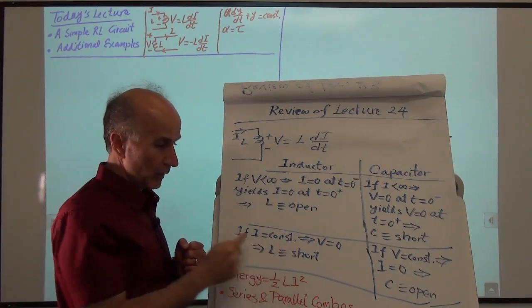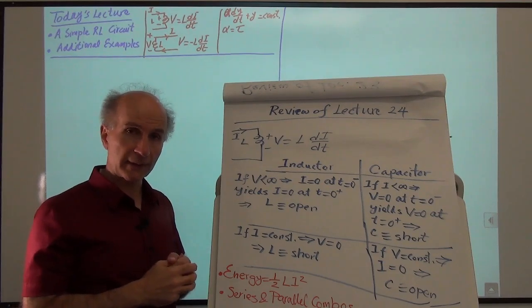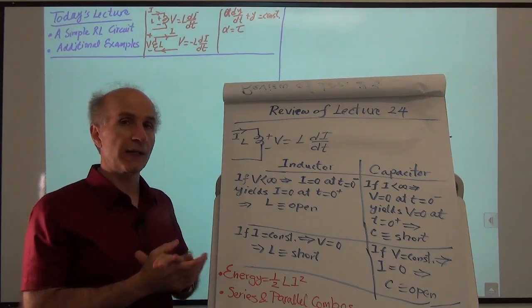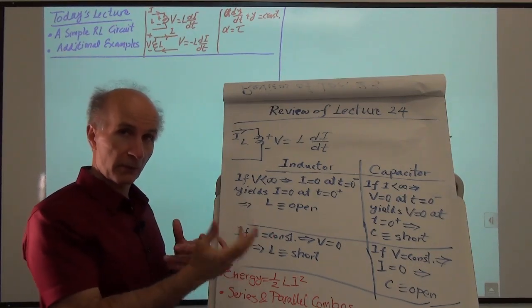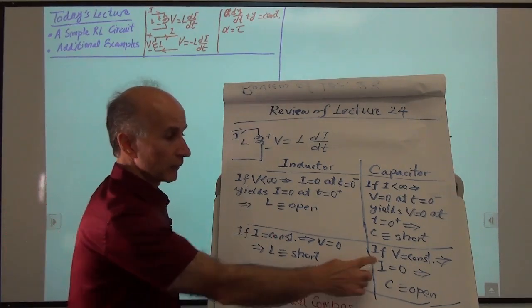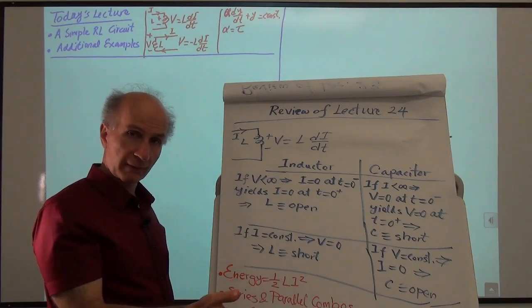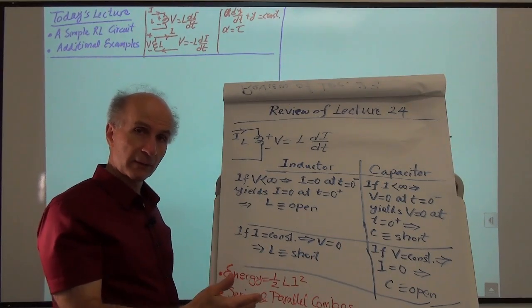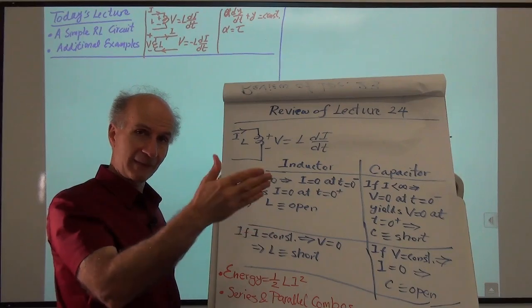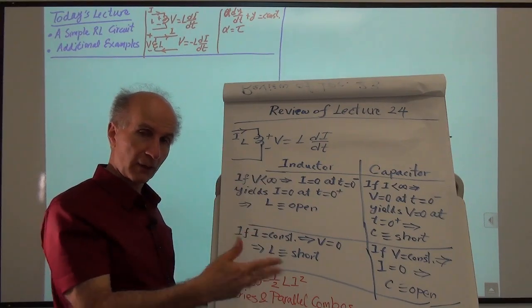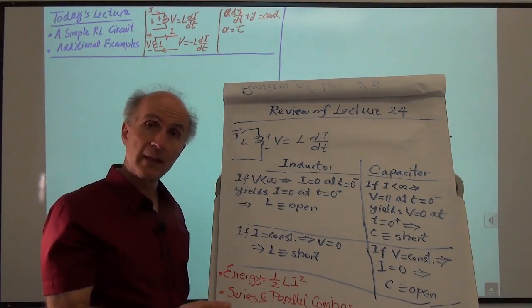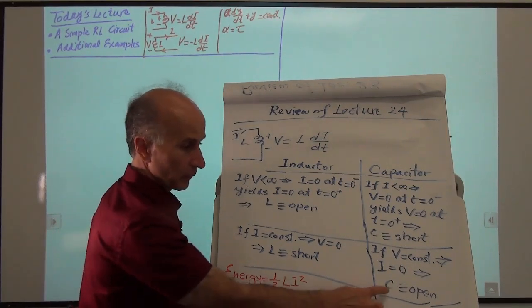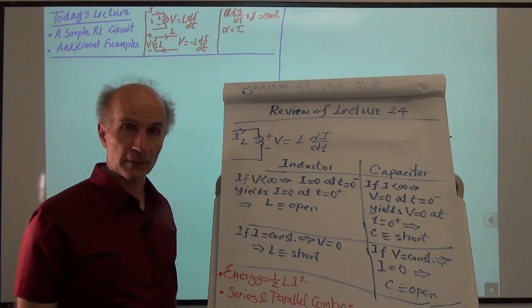So the inductor reduces to a short circuit after all of the transients have died away. For capacitors, it's the other way around. When the voltage on the capacitor has reached a constant value, the current through it is zero because it's equal to C dV over dt. If the current through a capacitor is zero, then the only device that guarantees that is an open circuit.